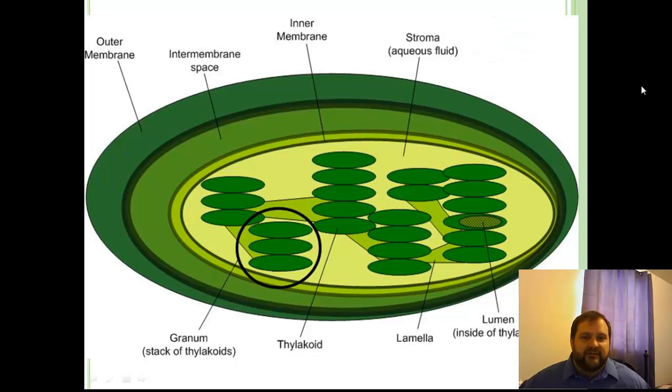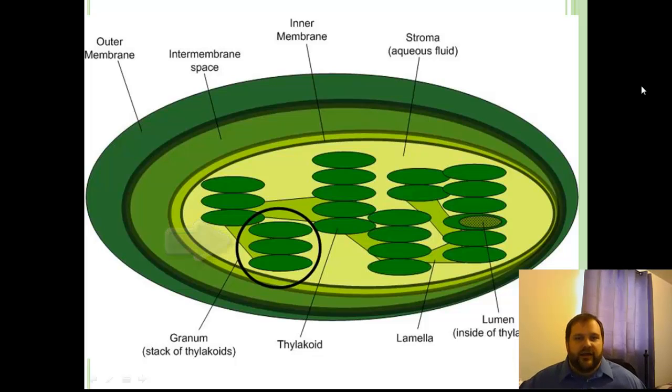Then inside the stroma, there are these flattened stacks of, I think they look like pancakes to me, flattened membrane stacks, and those stacks are called granum. One individual little flattened pancake, though, is called a thylakoid.